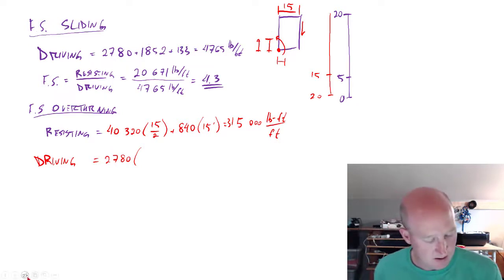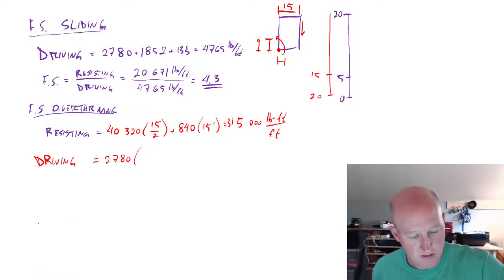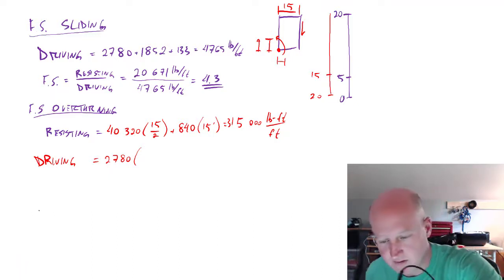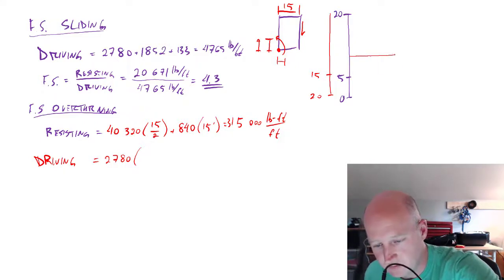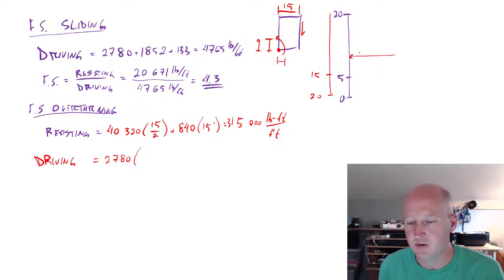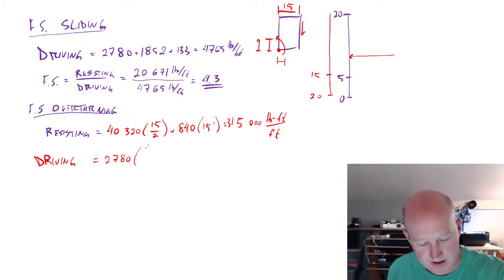And our first driving force that we're calculating is right here, 1/3 of the way down from the top to 5. So that is 5 feet plus 1/3 of 15.